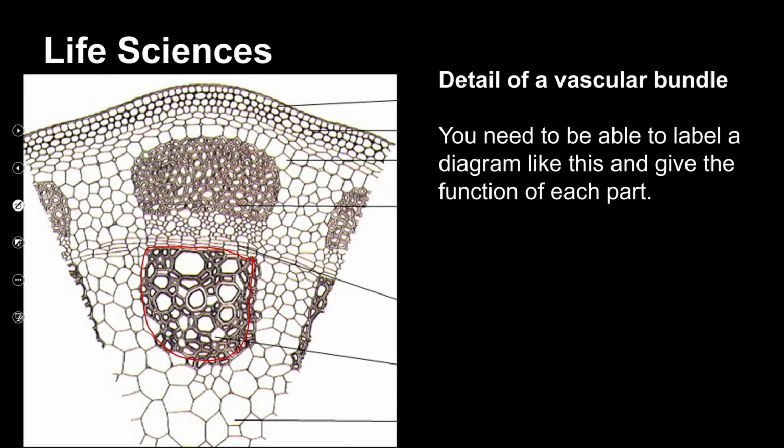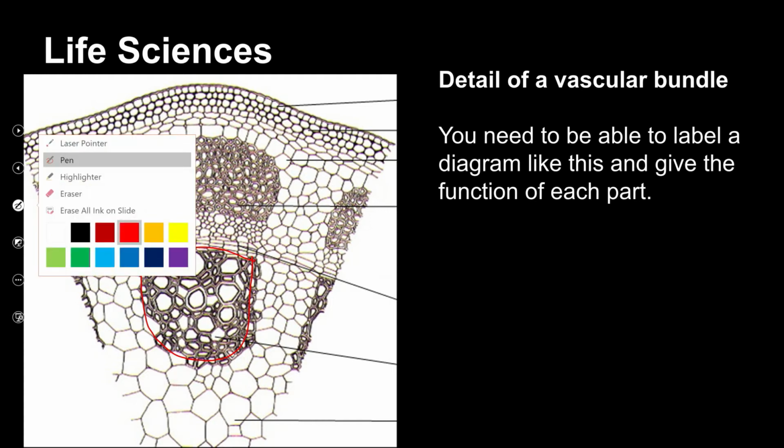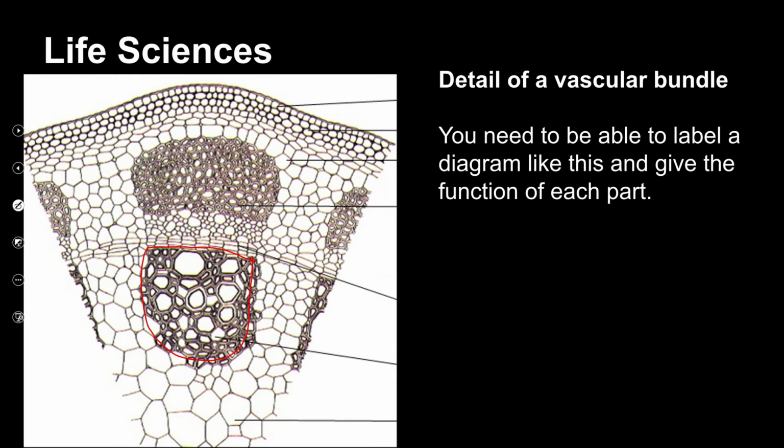Very easy to pick up, large cells with extra thick walls. Next easiest one to pick up is going to be your phloem, and we can pick that up because there are some big cells, which are the sieve tube cells, surrounded by smaller cells, which are the companion cells.